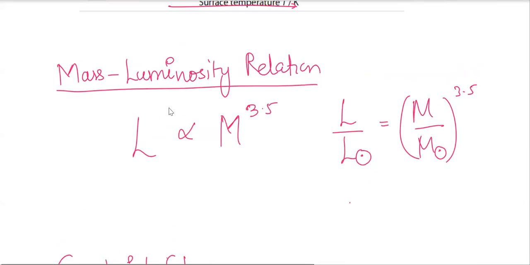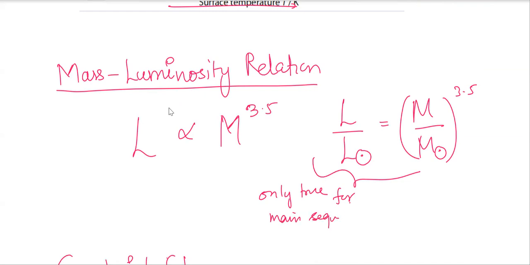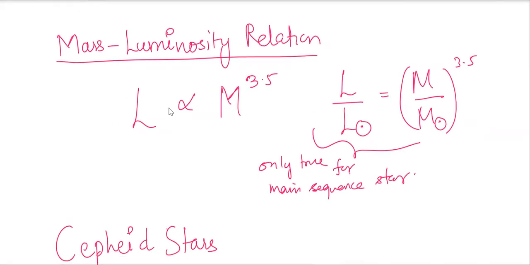This relationship is only true for a main sequence star. So if this relationship is not true, then we can say that the star does not fit into the main sequence, and if we know the luminosity and the masses, we can verify whether the star belongs to the main sequence or not.